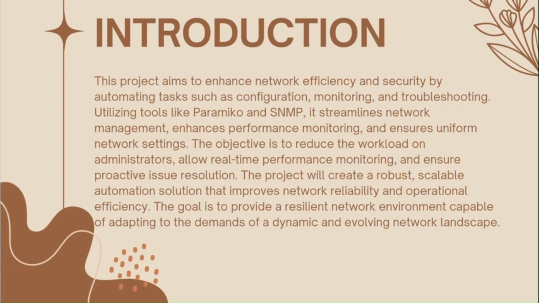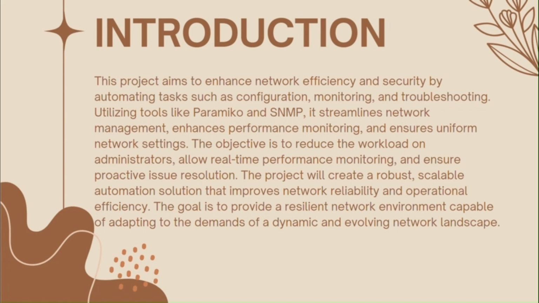Moving on to the introduction, this project aims to enhance network efficiency and security by automating tasks such as configuration, monitoring, and troubleshooting. Utilizing tools like Paramiko and SNMP, it streamlines network management, enhances performance monitoring, and ensures uniform network settings.